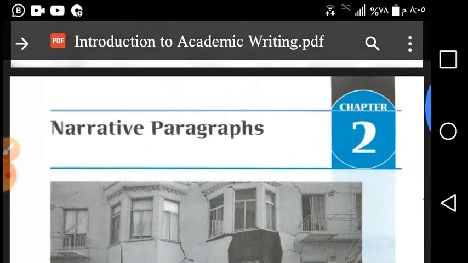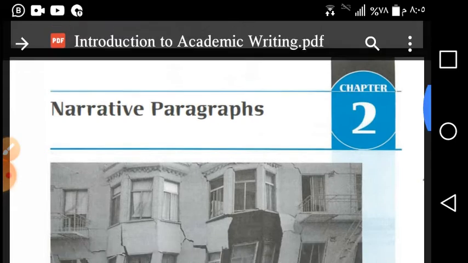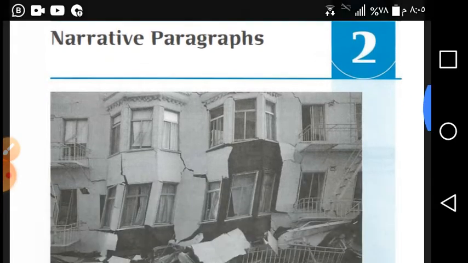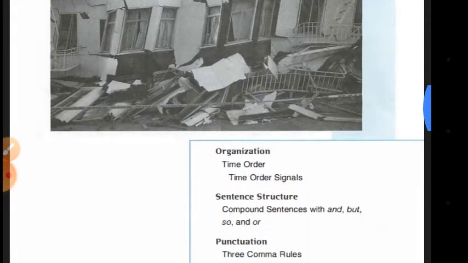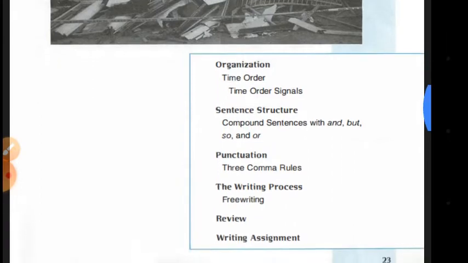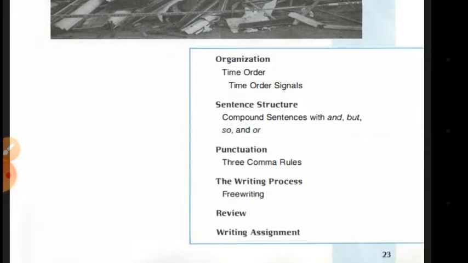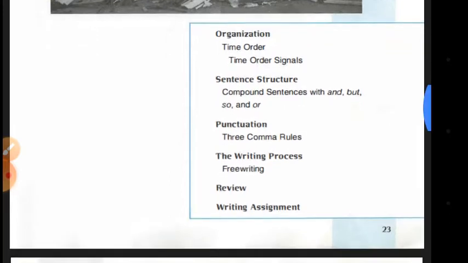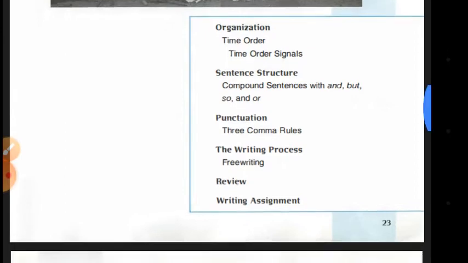Today we are going to talk about part 3, narrative paragraphs, الفقرات السردية. That's part 2. We are going to talk about time order, ترتيب وفق الزمن, and time order signals, علامات الترتيب للزمن. Sentence structure, and compound sentences, الجمل المركبة, with and, but, so, and or.